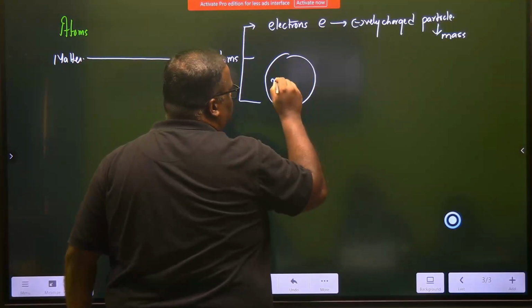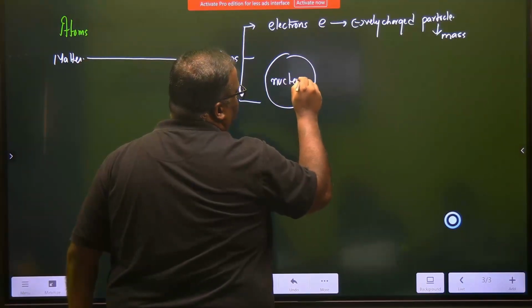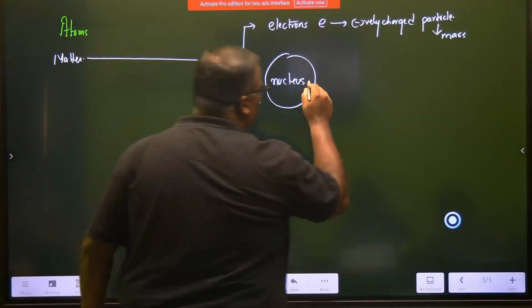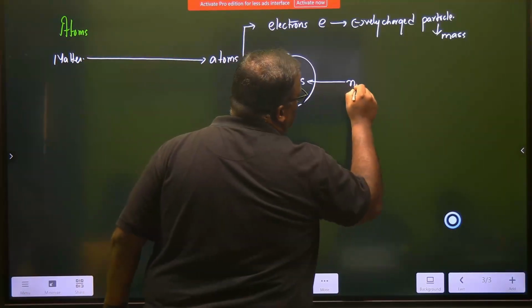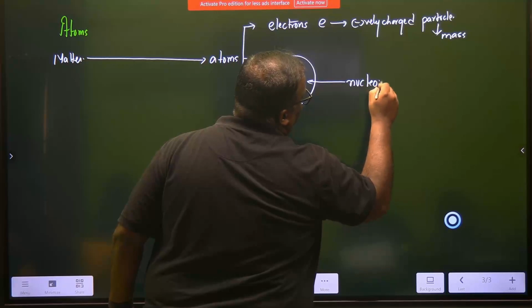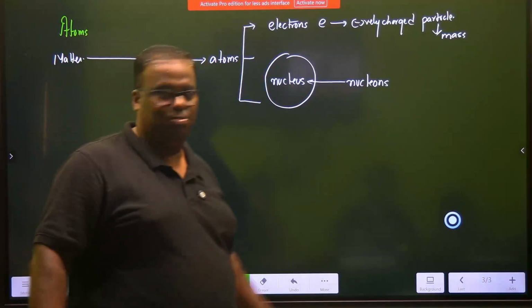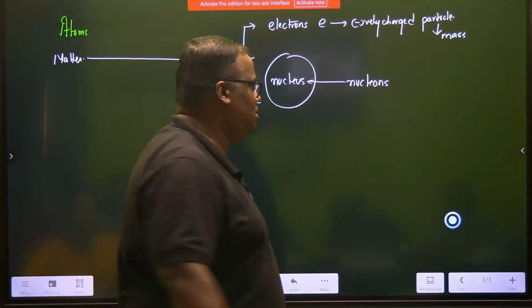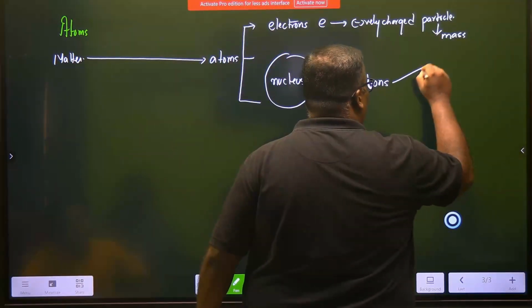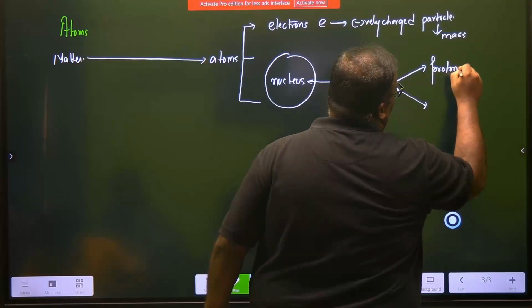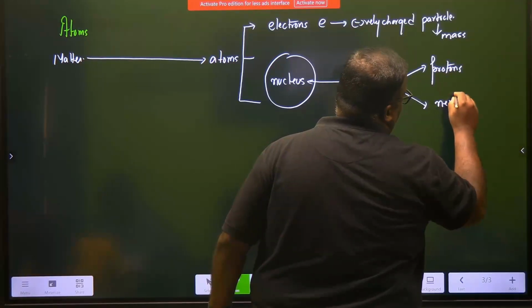And inside the nucleus, whoever stays in the nucleus, we call them nucleons. People who stay in India are called Indians. People who stay in the nucleus are called nucleons. Nucleons are of two types, protons and neutrons.